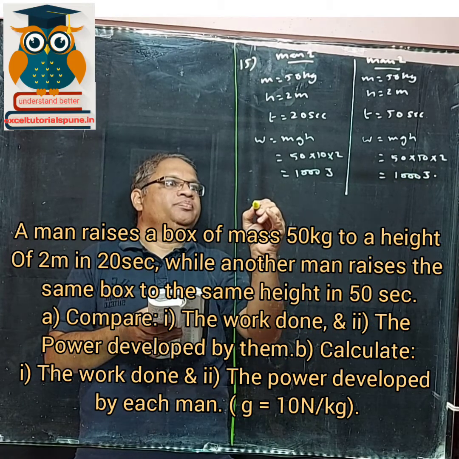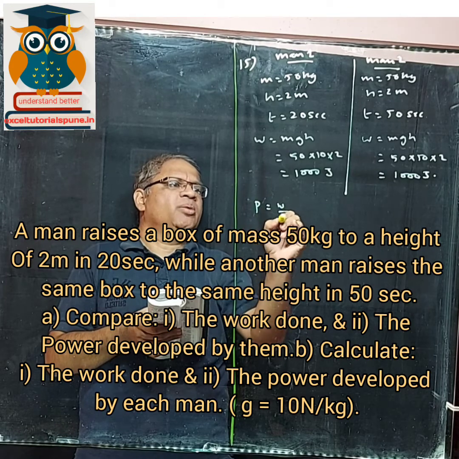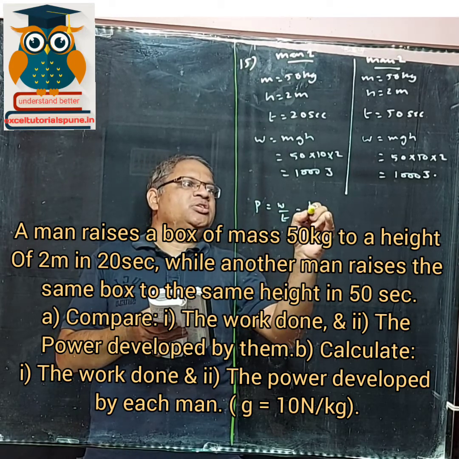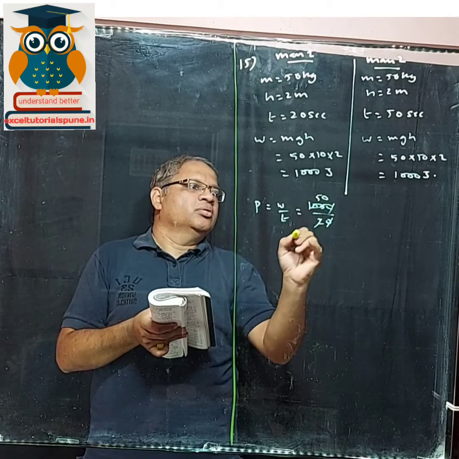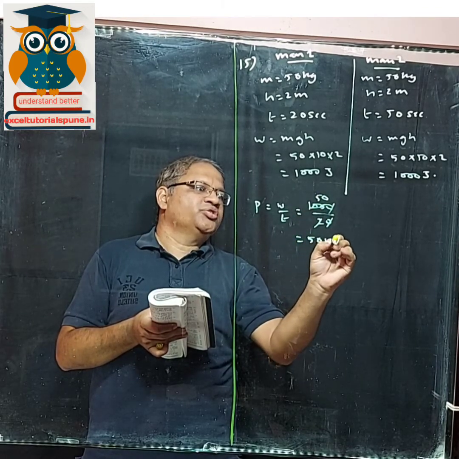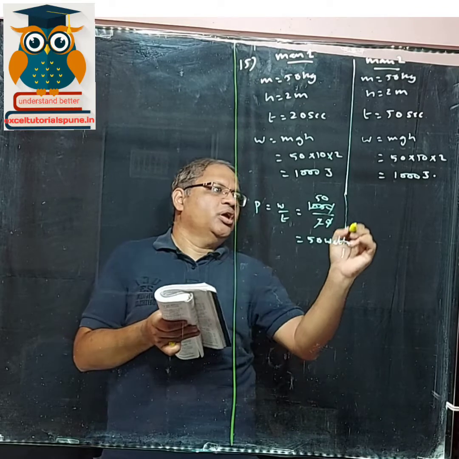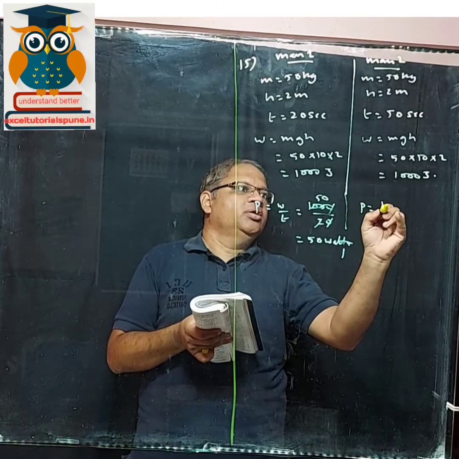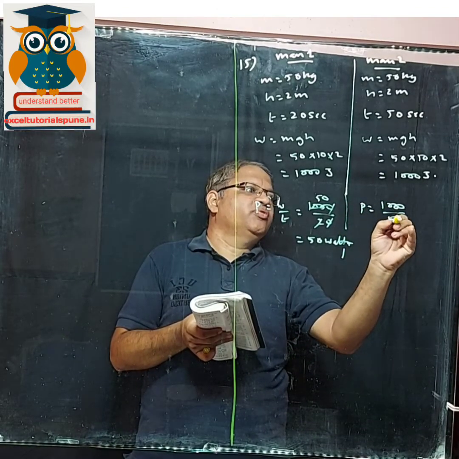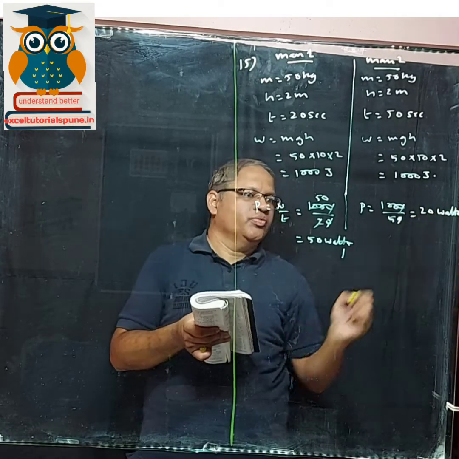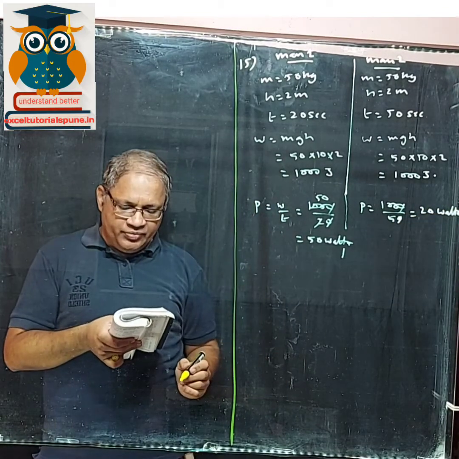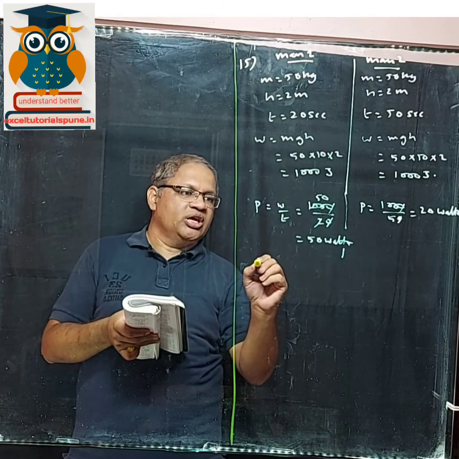Then power is work upon time. So work is 1000 and time is 20. 50 watts over here. And here the power will be 1000 upon time, which is 50, 20 watts.